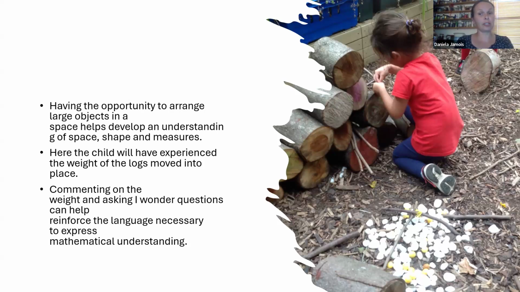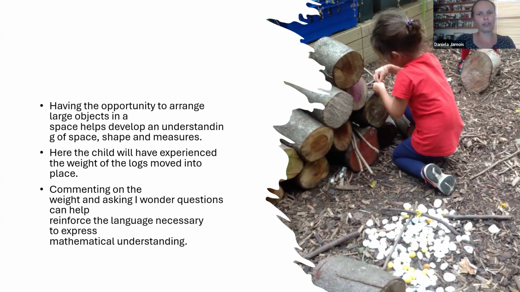But the sticks, for example, he could take clumps of and take those much, much more easily. So already there's that noticing that the one object that's heavy, you can only carry one of, but you're able to carry many more of smaller objects.